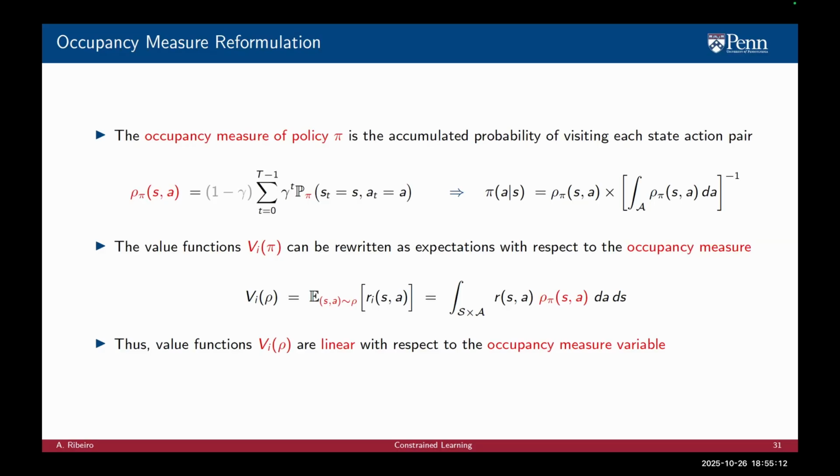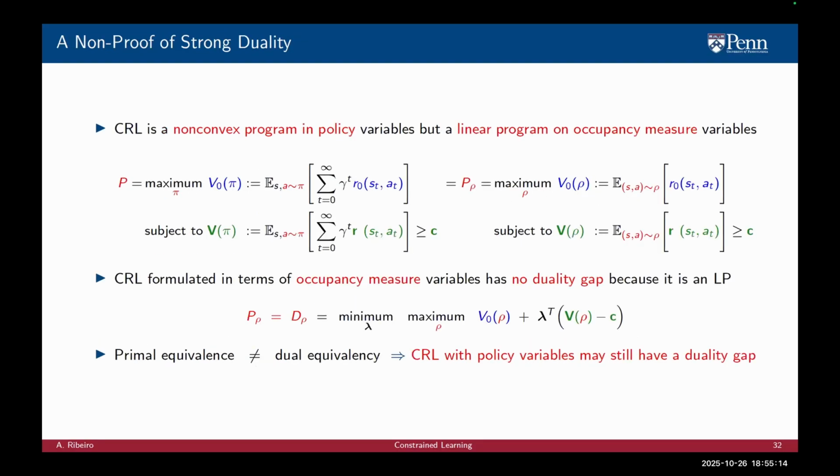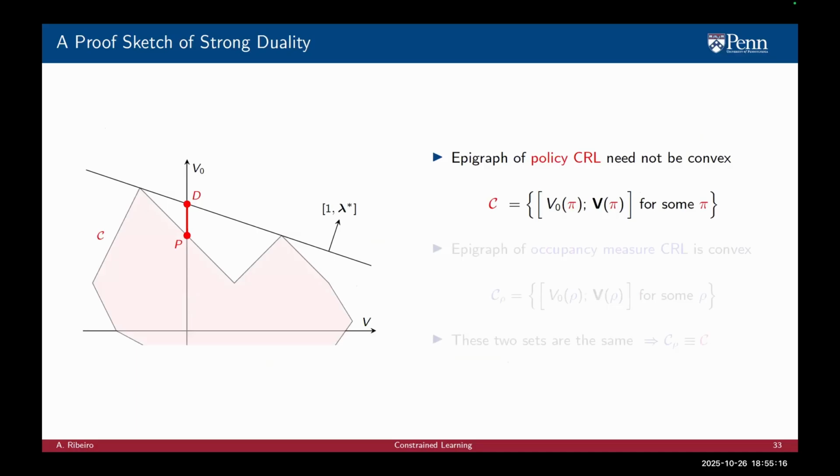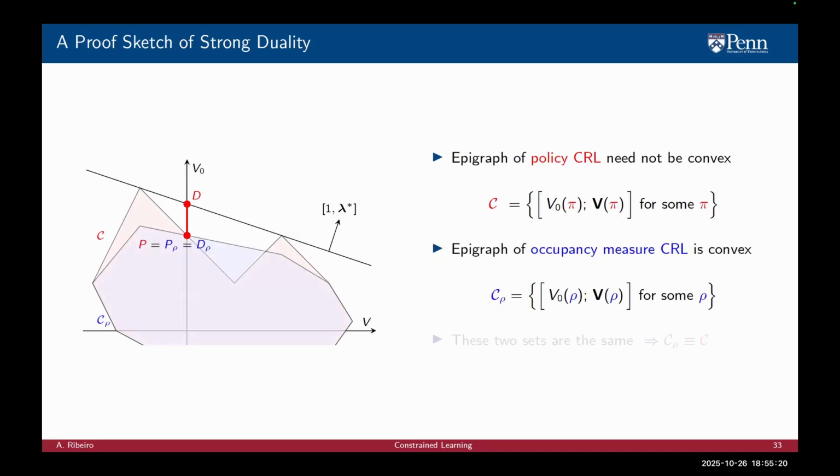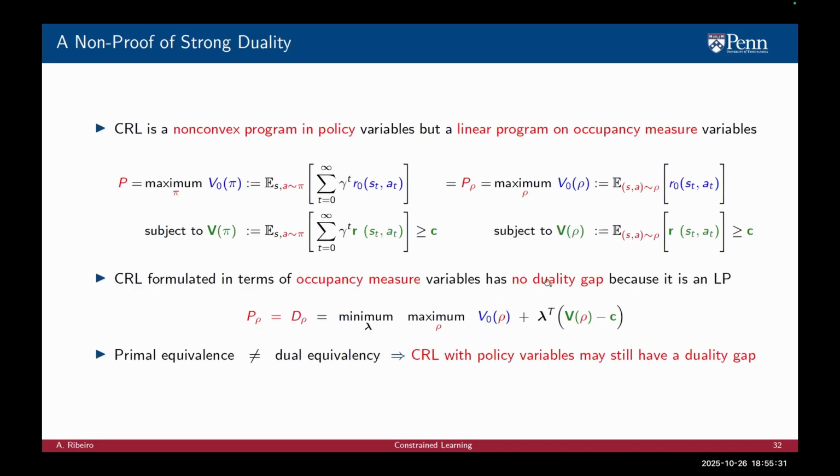And you could say, well, since I have problem 1 equivalent to problem 2, and problem 2 has null duality gap, it should be possible for me to prove that problem 1 also has null duality gap. Let me go again. Here I have the problem formulated in policy space.